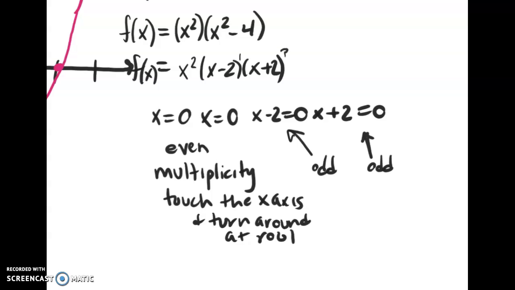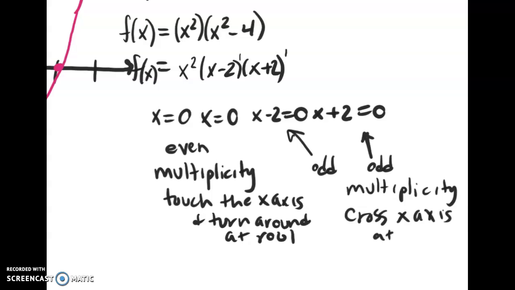If one of them had x plus 2 cubed, that's also an odd number, so that's called an odd multiplicity, and it would do the same thing here. If it has an odd multiplicity, then it's going to cross the x-axis at that root.